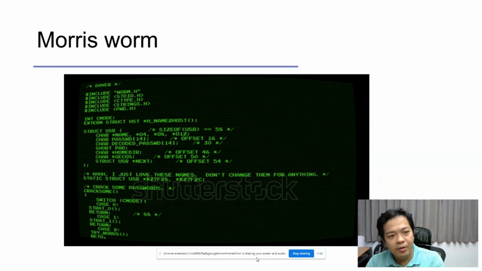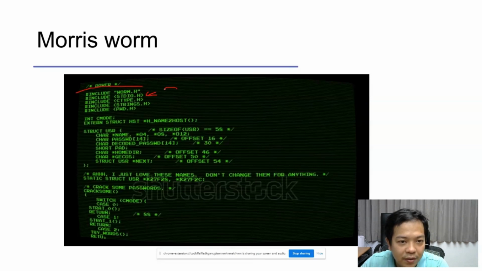This is a kind of code you may be very familiar with. Include, stdio. This is C, or maybe C plus plus. You will see it is very familiar if you have worked with C, such as structs.